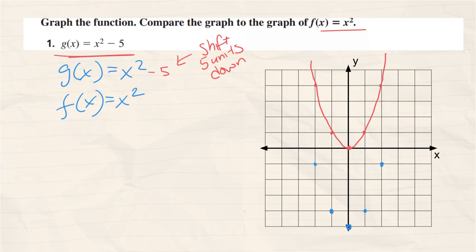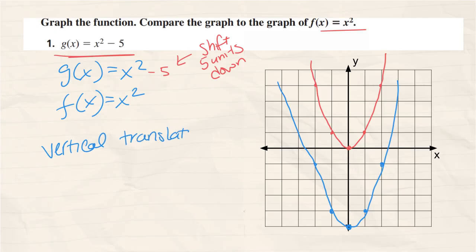So I also could see that I have here a vertical translation of 5 units down.